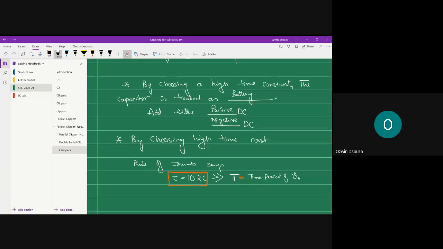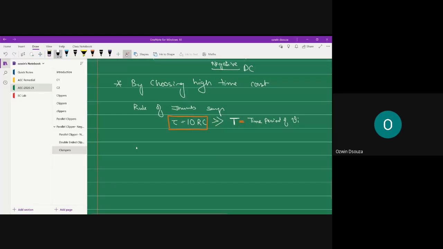of input Vi. What is the meaning of this? Let's say the frequency of the AC input is equal to 1 kilohertz.